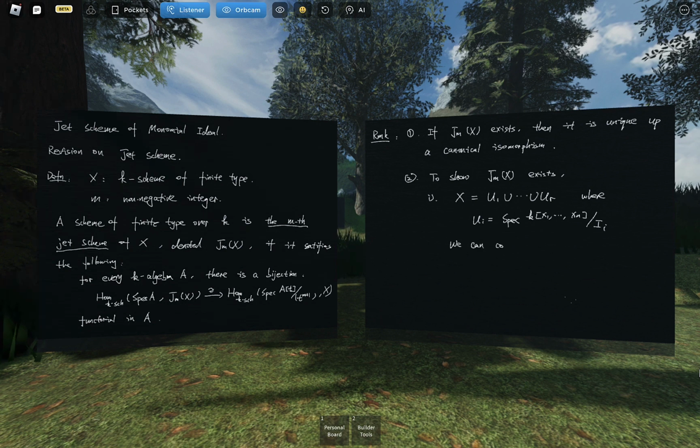We can construct the jet scheme of U_i for each of these affine covers. Then we glue them together, and you can show that it satisfies the defining property in the previous definition.